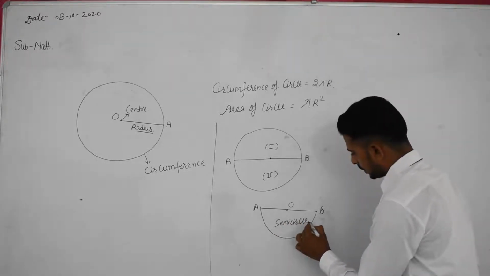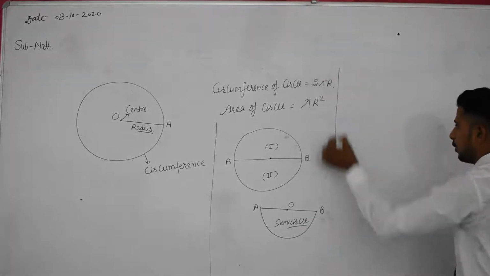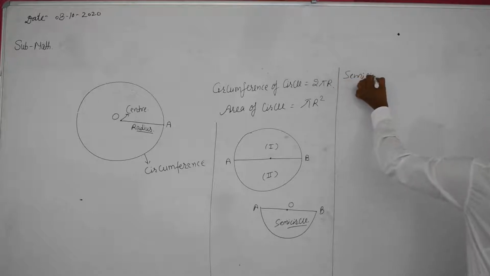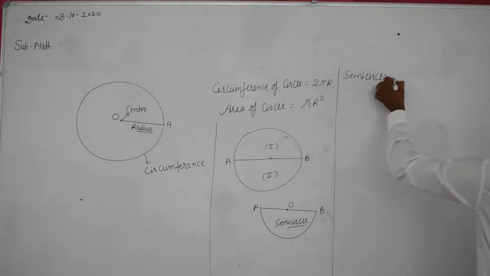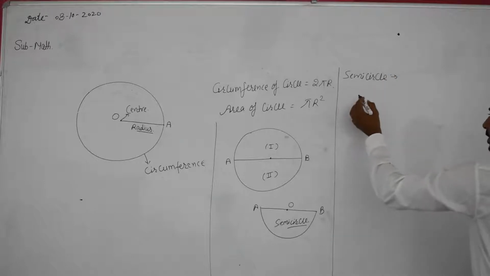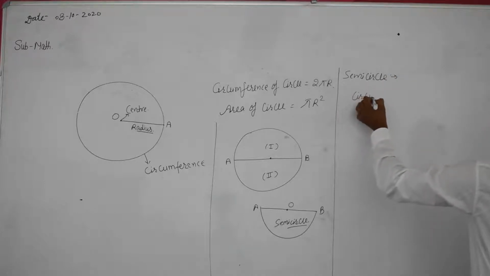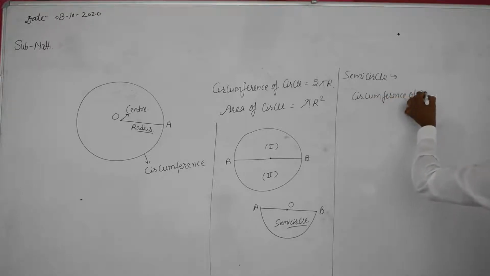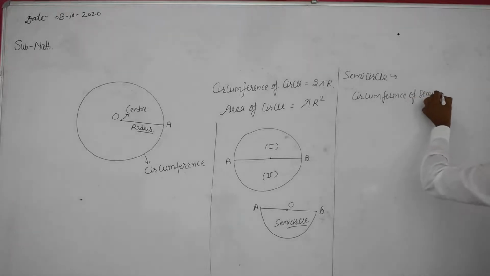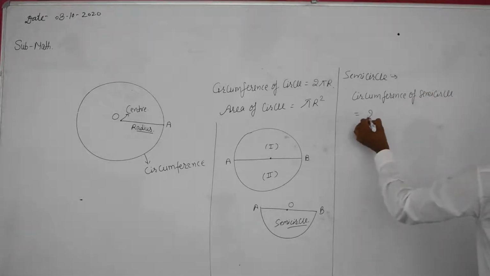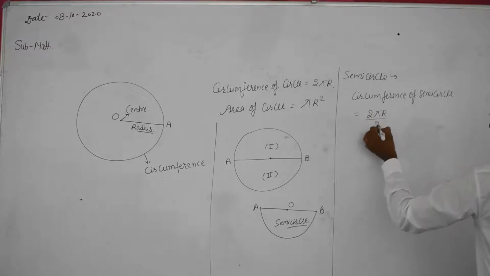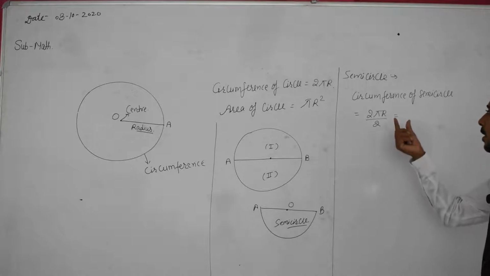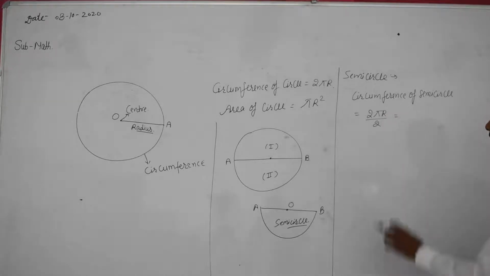Now the circumference of a semicircle. The circumference of a semicircle is equal to 2 pi r upon 2, because 2 pi r is the circumference of a circle and a semicircle is half of the circle.